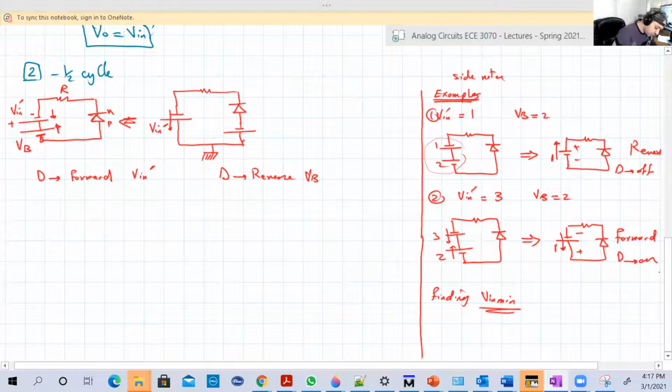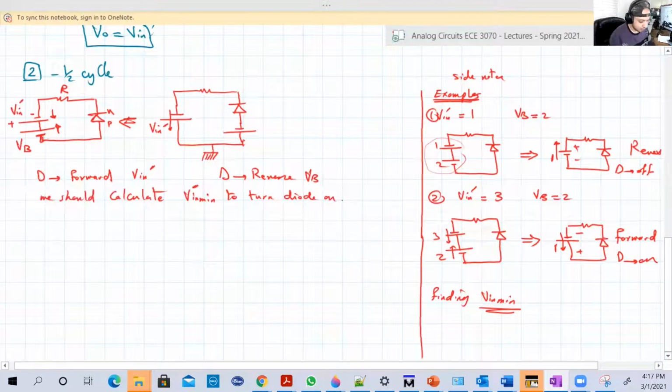So we should calculate V input minimum, or V input dash minimum now because we call it V input dash, to turn the diode on. Let's do that.